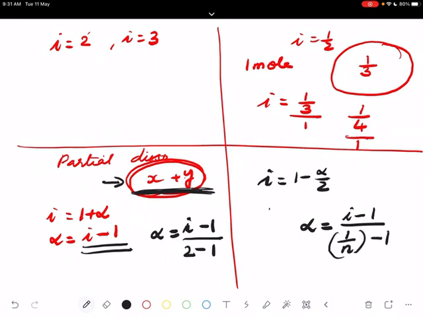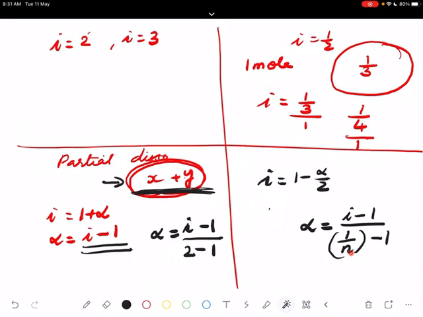If it is trimerization, n is equal to 3. If it is dimerization, n is equal to 2. If it is tetramerization, n is equal to 4. In the case of dimerization, n is equal to 2. So you substitute here in the case of benzoic acid in that organic solvent.